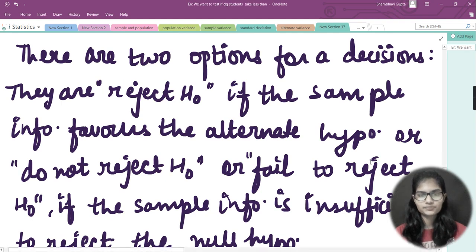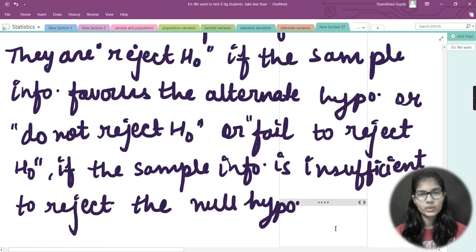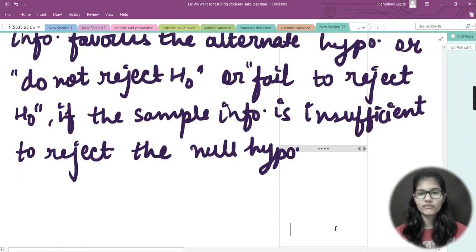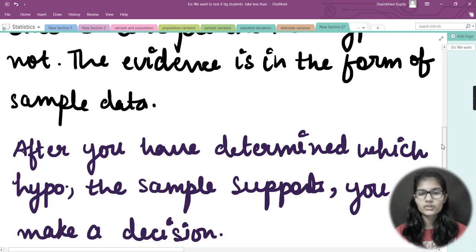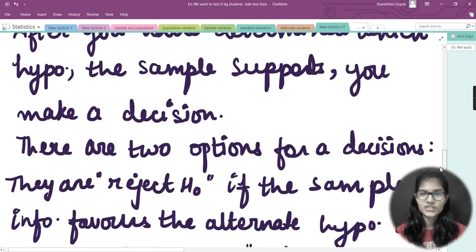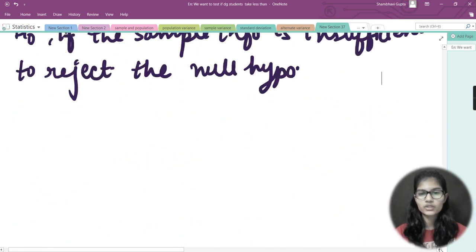They are: reject H naught if the sample information favors the alternate hypothesis, or do not reject H naught, or fail to reject H naught, if the sample information is insufficient to reject the null hypothesis. These are the two statements we can give for the decision. After you have determined which hypothesis the sample supports, you make a decision. So these were the two options for the decision.